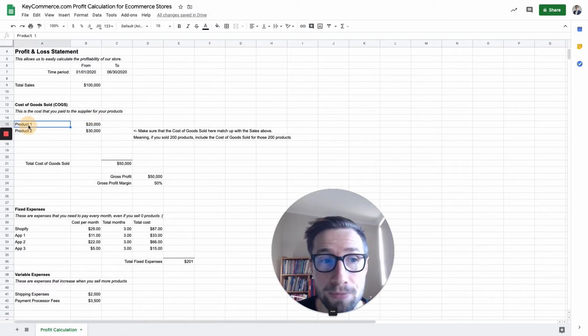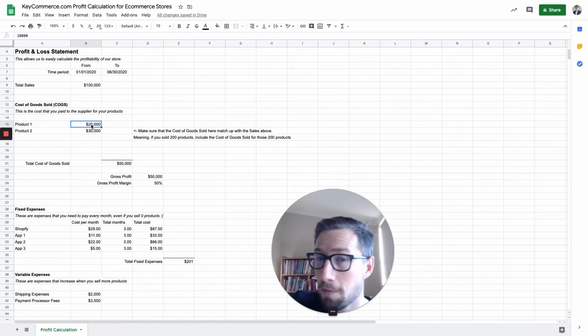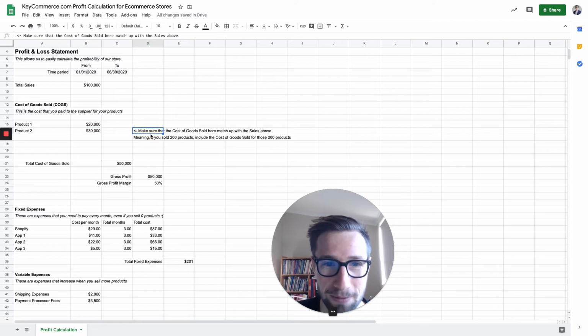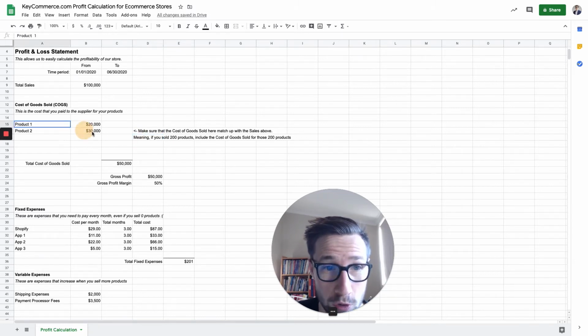If this is for 100 products and this is for 100 products, make sure that what you paid for 100 products is attributed to the sales you made for those 100 products. Sorry, I had a bit of a brain fart trying to explain that properly. Basically, make sure that the cost of goods sold here matches up with the sales above. Meaning if you sold 200 products, include the cost of goods sold for those 200 products.